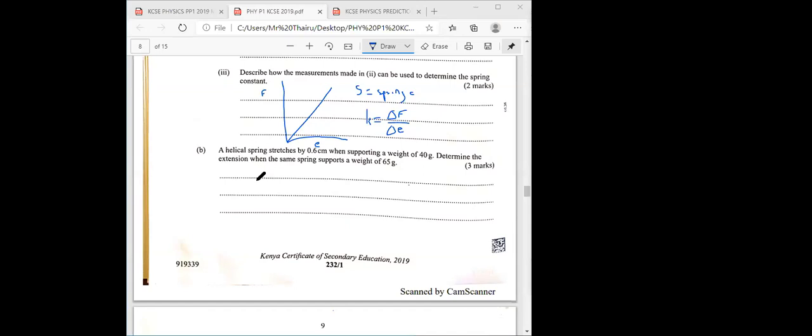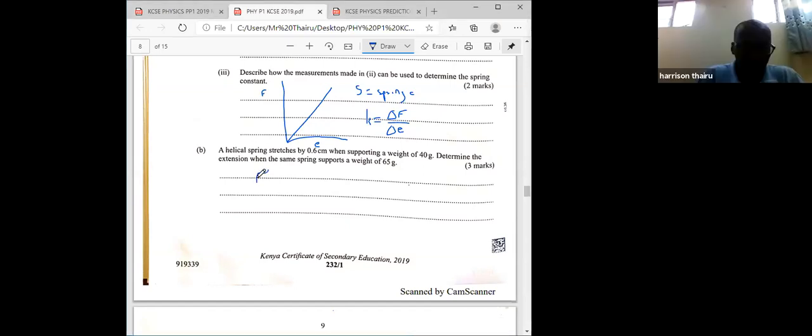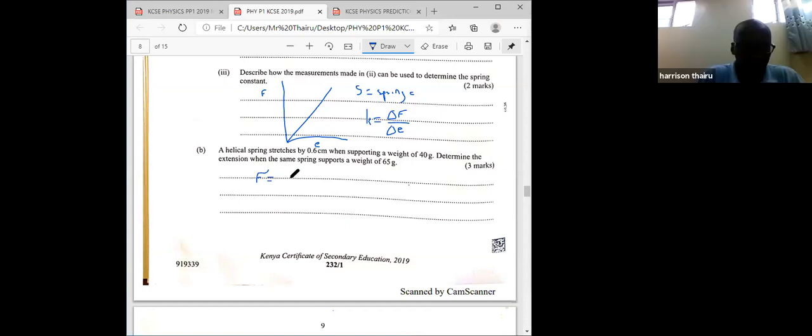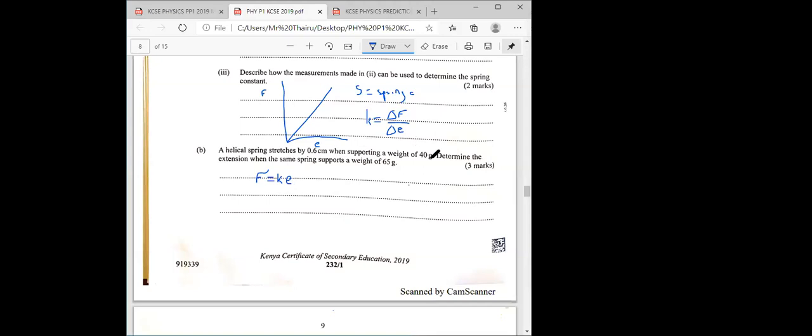So the formula F is equal to K e. Force in this case, the weight of 40 grams, the mass 40 grams, then the weight or force becomes 0.4.